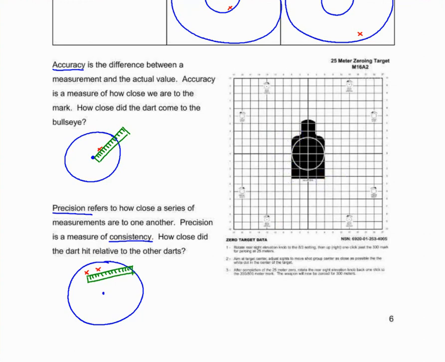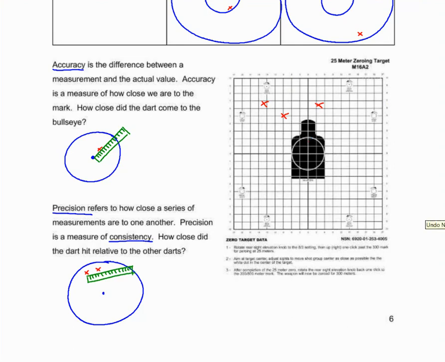Another possibility is that you have somebody who hits here, here, and here, but those are a pretty wide range. Now, left to right, they're really in almost a straight line, but they're very far off from each other.